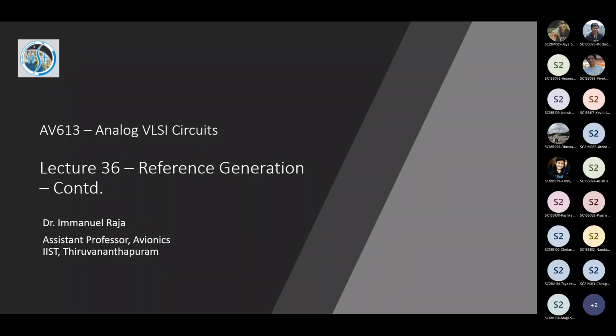Because all the elements have some kind of temperature dependence, the idea we came up with was to take a negative temperature coefficient voltage and another voltage with a positive temperature coefficient and add them up suitably, such that we are able to generate a zero temperature coefficient voltage. So we were in the process of thinking how to do that, right?